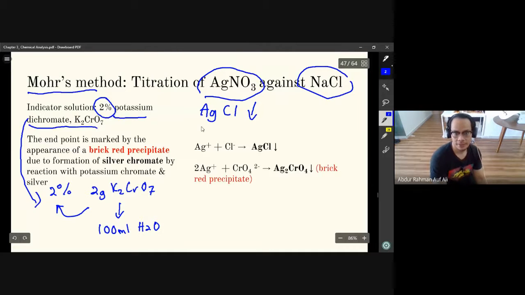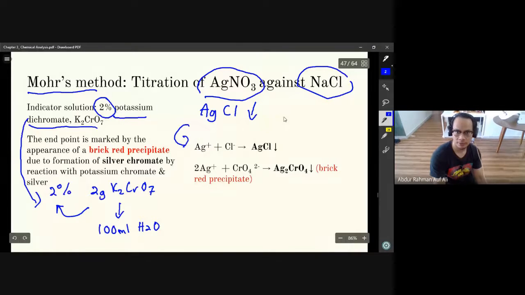Okay, so this AgCl, this precipitate here akan bertindak balas with this potassium dichromate. Saya demonstrate kat sini. Bila dalam solution, this AgCl akan dissociate, akan pecah jadi Ag plus dan Cl minus. Okay, so Ag plus ni akan bertindak balas dengan chromate from K2CrO7.